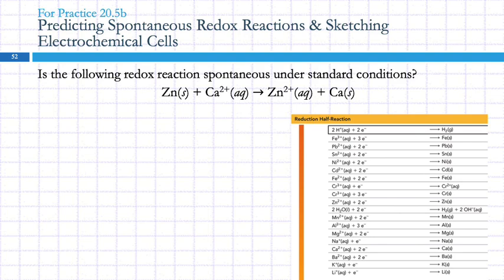Here. This has zinc 2 ion and zinc, right? And the other one is calcium 2 and calcium. So let's find that one. That one's down here.